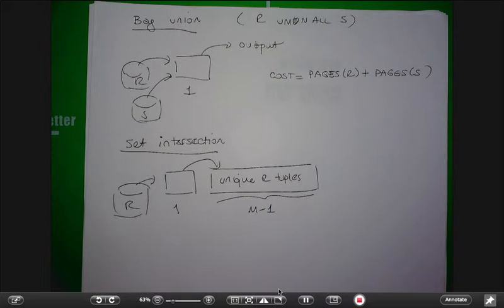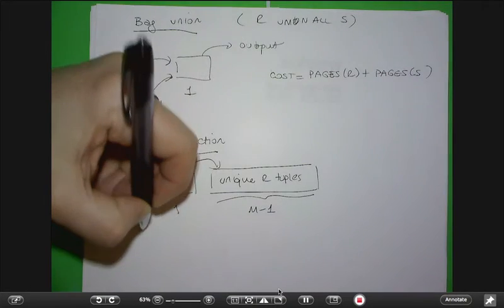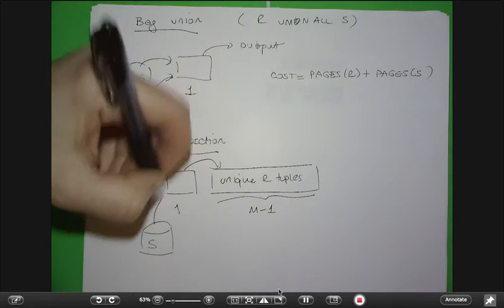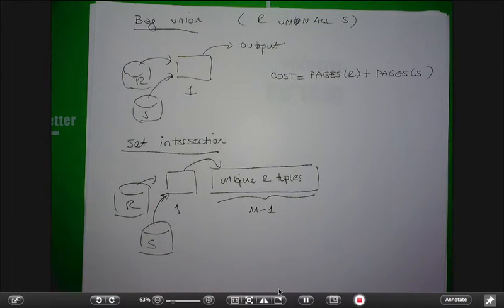Okay. Now I'm going to start reading S. If a tuple in S is not in here, what should I do? I read the tuple of S, but it is not in the m-1 blocks, then I can remove it, right?